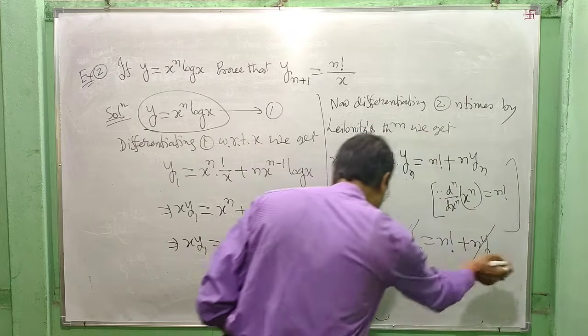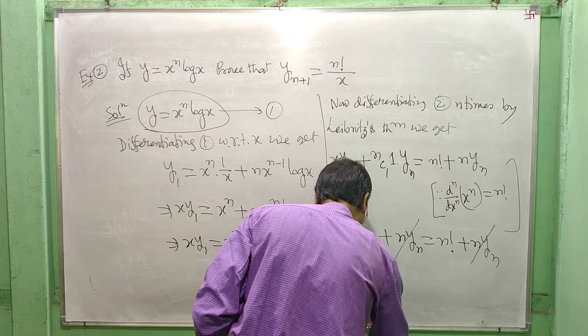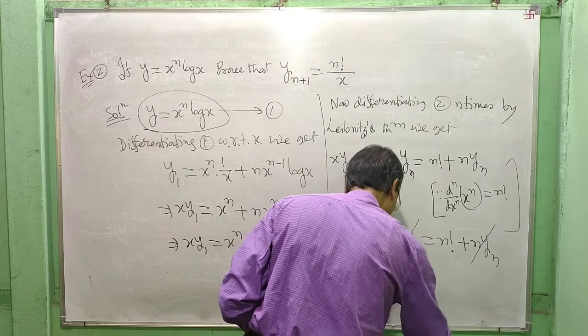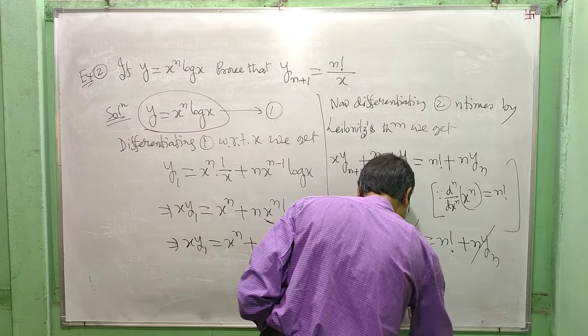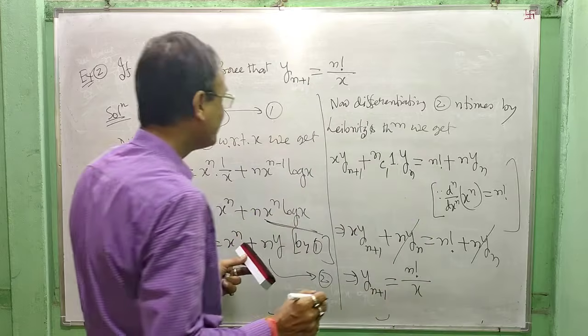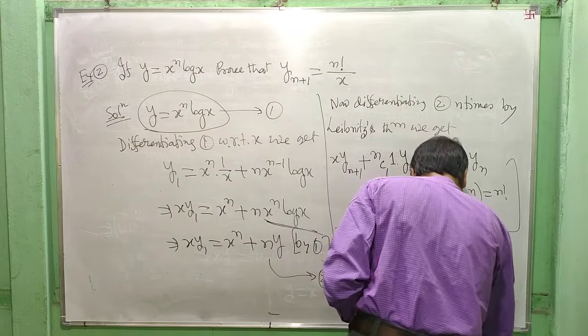The two terms will be cancelled. This means y_n plus 1 is equal to factorial n divided by x. Good.